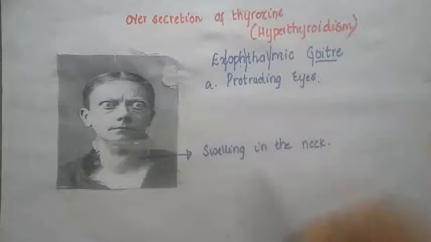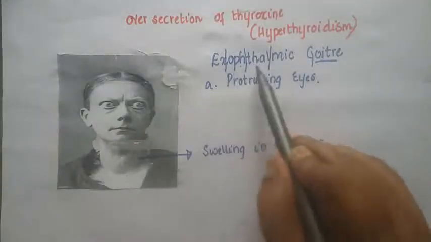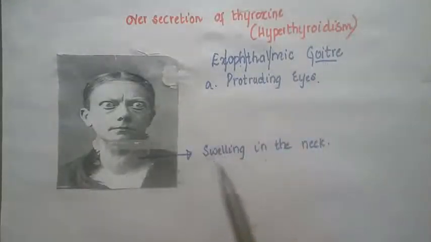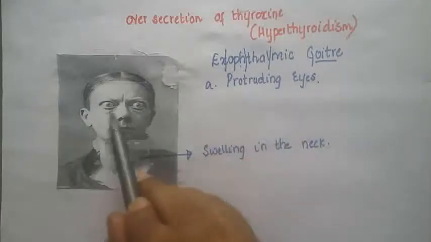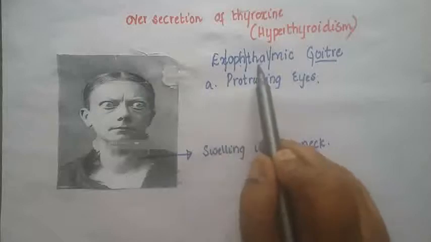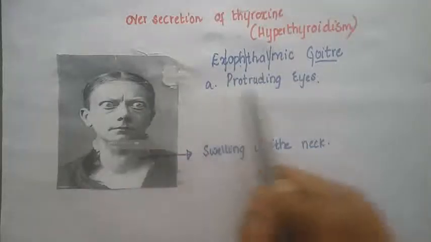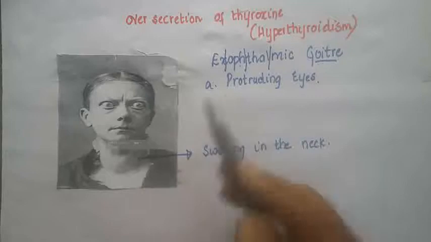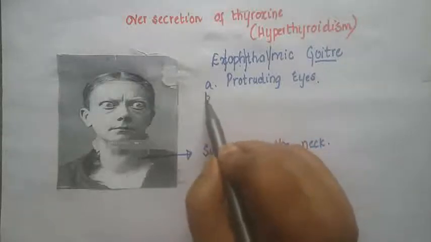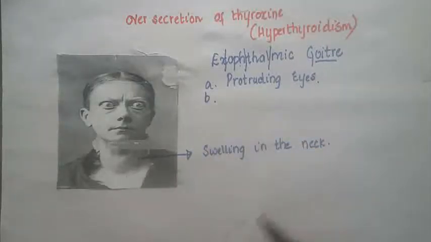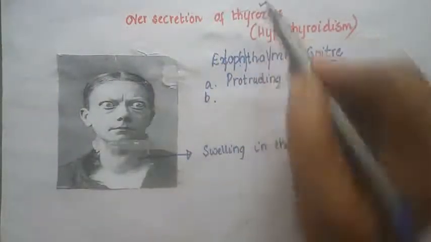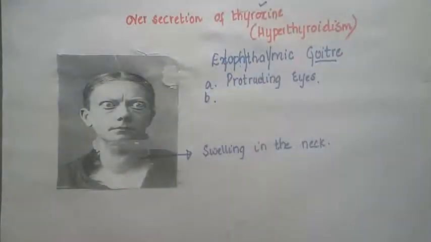So what are the two symptoms of exophthalmic goiter? A person has a swelling in the neck, that is a goiter, followed by exophthalmic, that is protruding eyes. Along with this symptom, since there is an over secretion of thyroxine, we know that one of the functions of thyroxine is to regulate our cellular respiration.